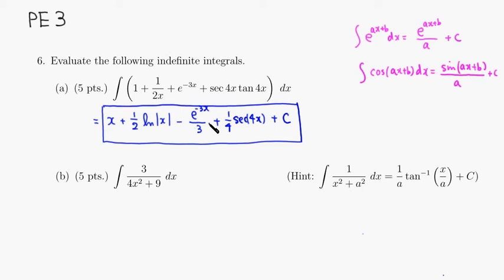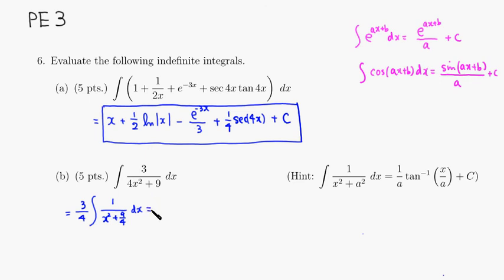Let's look at part B. We did this in class. Put 3 in front, and I'm also going to pull 4 out from the denominator. So we're going to get the integral of 1 over x squared plus 9 over 4 dx.